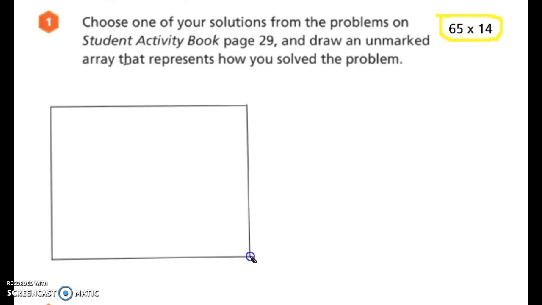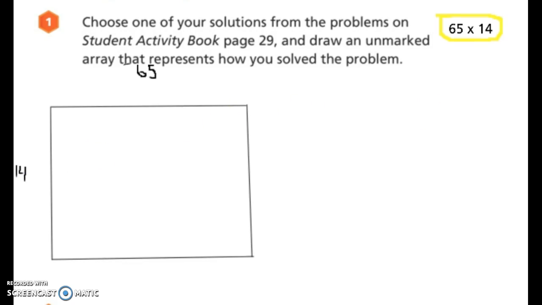Okay, so I have my unmarked array. And I know that 65 and 14 are the numbers that I'll want to be thinking about.